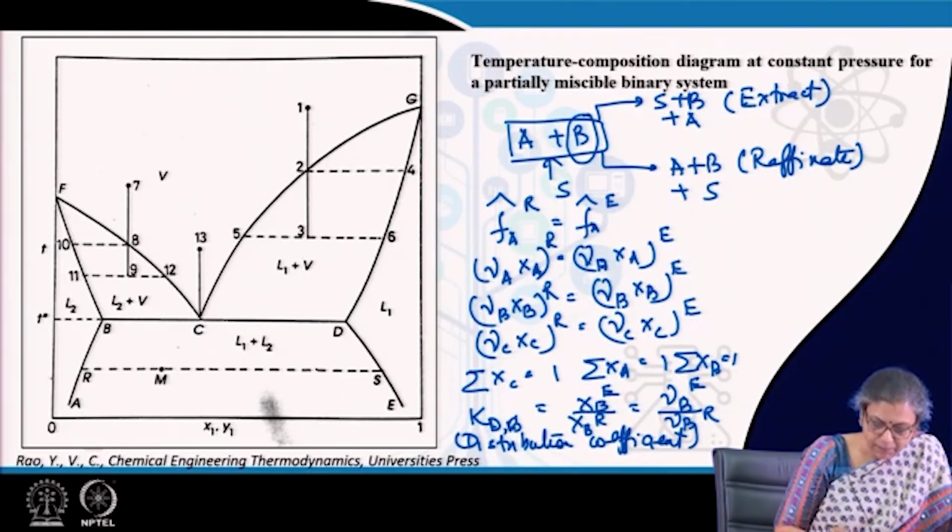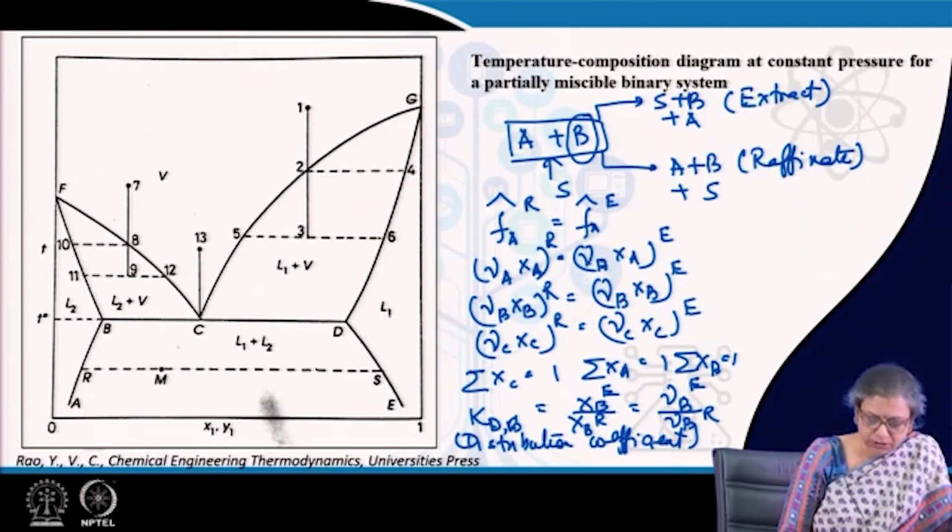When L1 is in a very small proportion, they are miscible in all proportions. When L2 is in a very small proportion, then also they are miscible in all proportions.